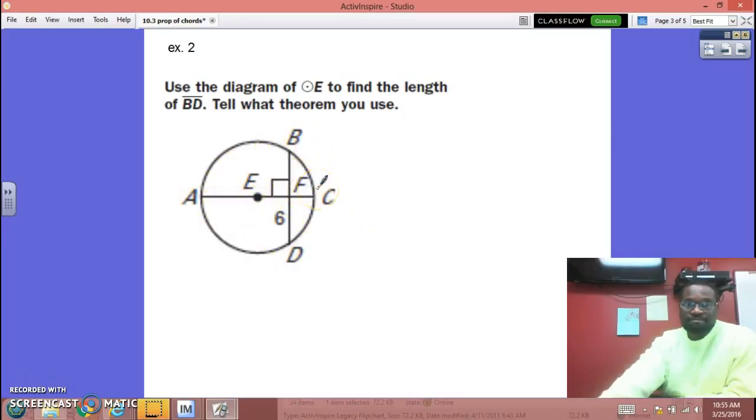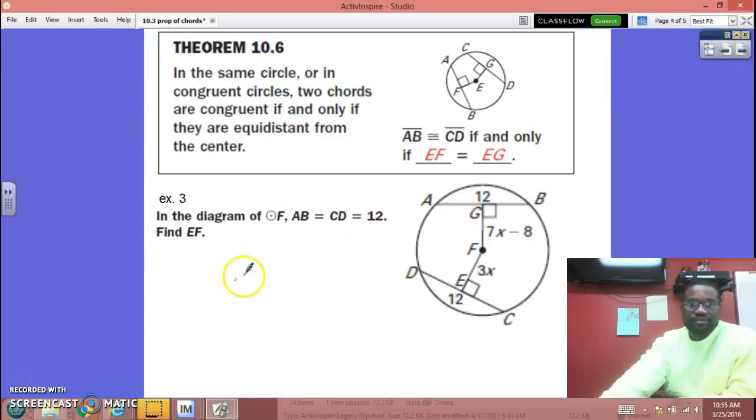Based on that idea, if this part from here to here is 6, this bisects this segment. So if this part is 6, FB is also 6. So the whole thing for BD would be 12. Simple enough.